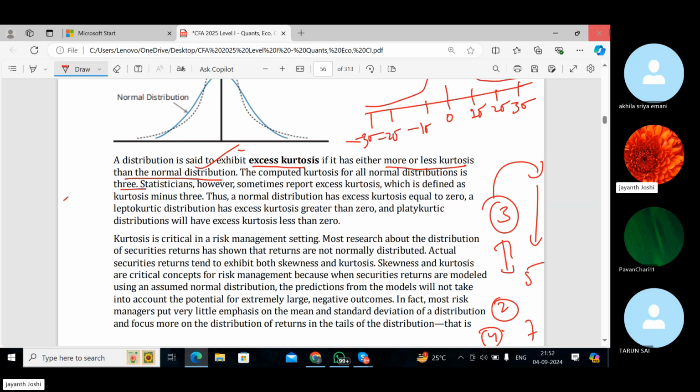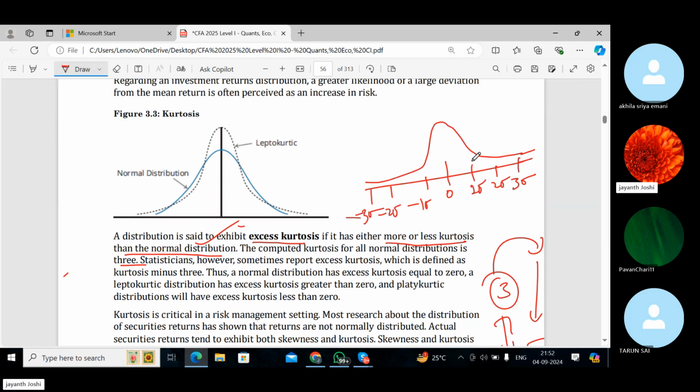And for the normal distribution which I have explained, the excess kurtosis is equal to 0, because this is a normal distribution. When you see a peaked curve or a flatter curve, then you see some kurtosis there. This is the normal one. So the normal distribution has an excess kurtosis of 0.